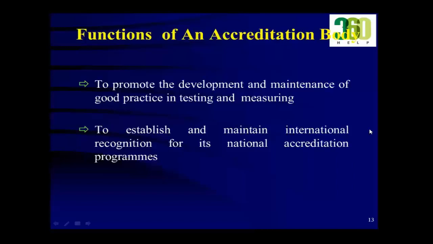The accreditation body is also accredited to keep themselves in parallel to the other labs internationally. So it's like a linkage: you are accredited, your accreditation body is also accredited, and it is a part of an international laboratory cooperation.